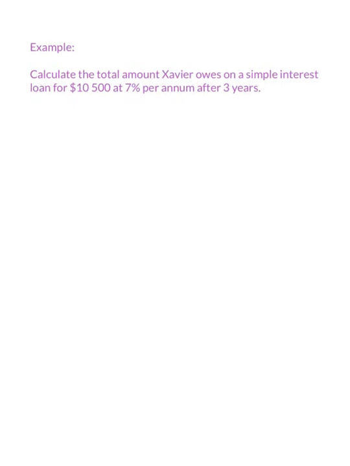It says, calculate the total amount Xavier owes on a simple interest loan for $10,500 at 7% per annum after 3 years. So we're looking at the total amount. So that's A equals P plus I. So first of all, let's note down what P is. P is $10,500, but we don't know what I is.